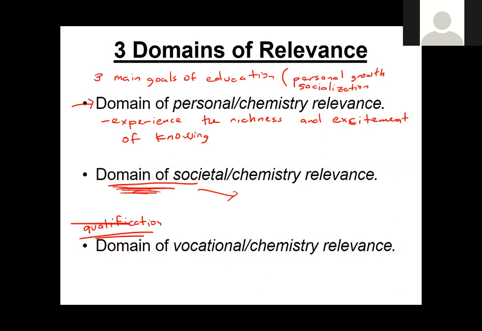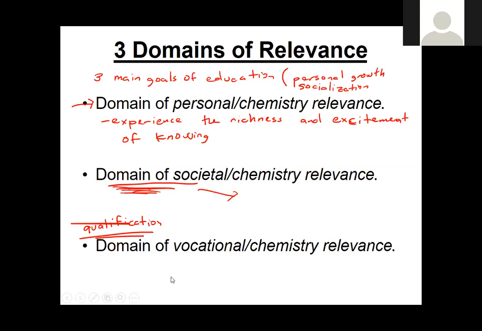So this is the one with the hope that if you go into science, you will have a much better economic standing. Okay, in this domain, it is expected that chemistry education will enable students to be aware of opportunities for further study and chemistry-related careers.